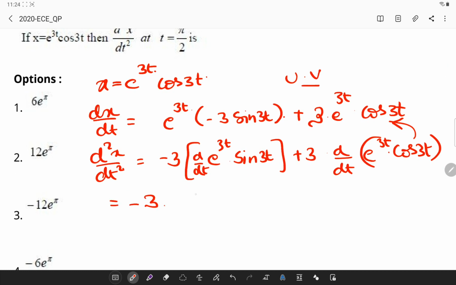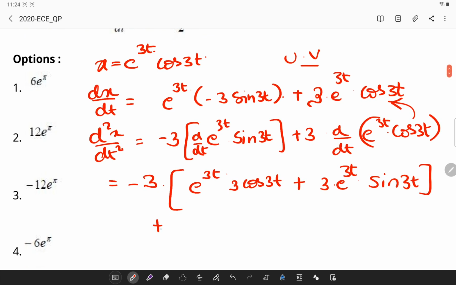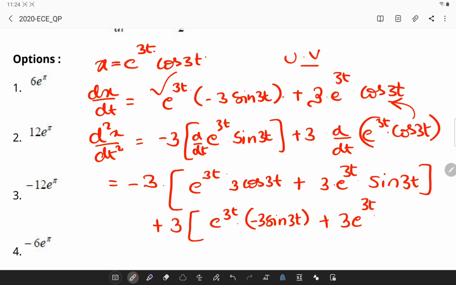So minus 3 into e power 3t into derivative of sin 3t, which is 3 cos 3t, plus 3 into e power 3t into sin 3t, plus 3 times this value substitution, e power 3t into minus 3 sin 3t plus 3 e power 3t into cos 3t.